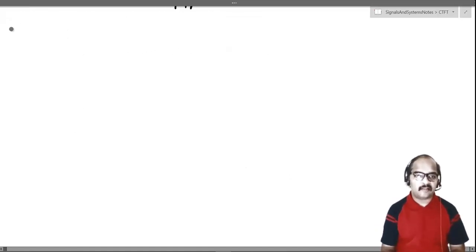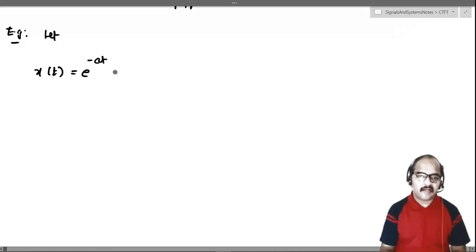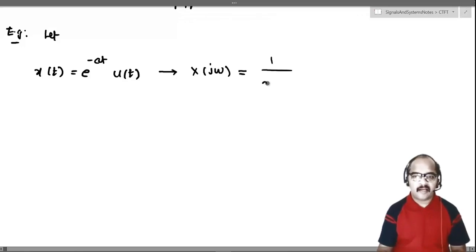Now let us take a few examples. First one: let x of t equal e power minus at u of t. What is the Fourier transform? You remember, 1 by a plus j omega is the Fourier transform.